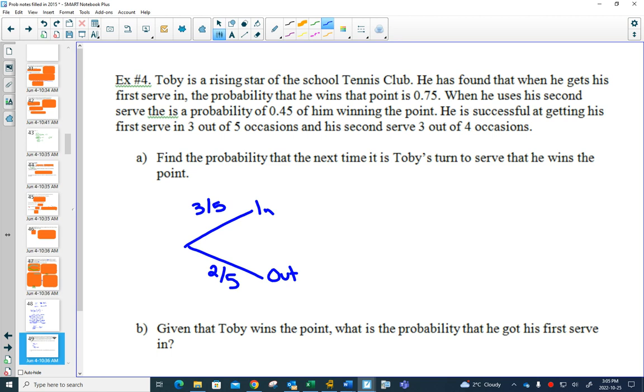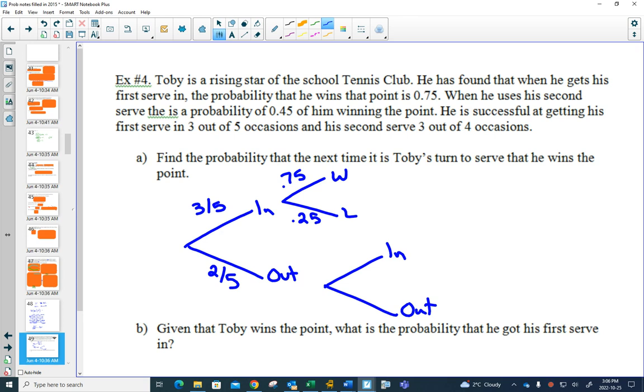If it goes in, he either wins or loses. His chances of winning is 75%. Chances of losing, 25%. If he serves it out, he gets his second serve. His second serve is either in or out.